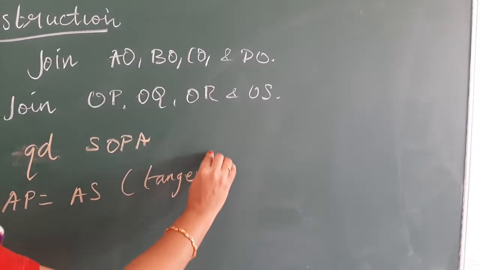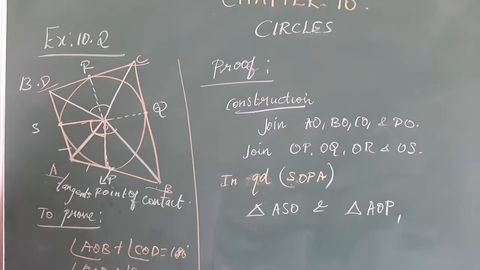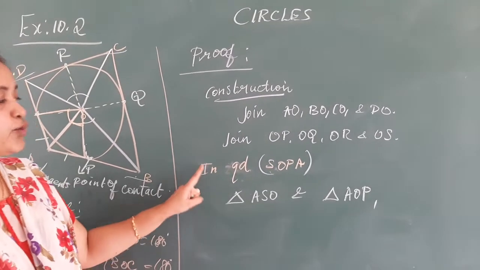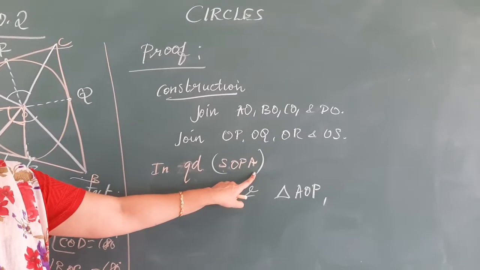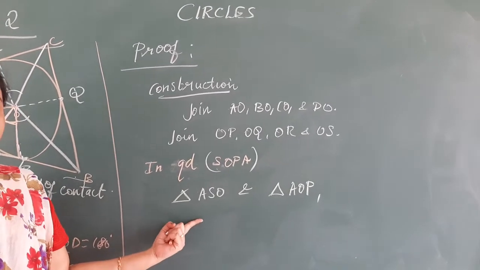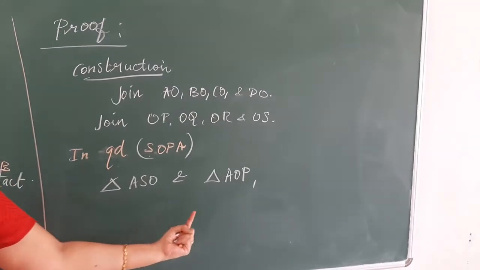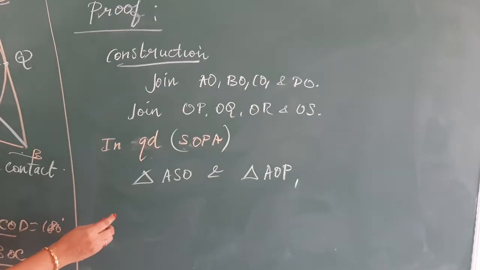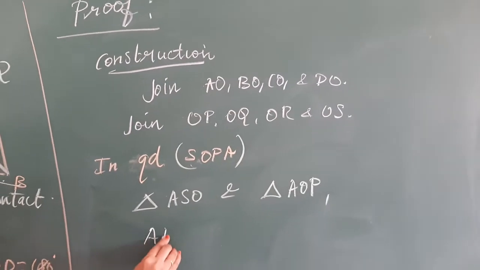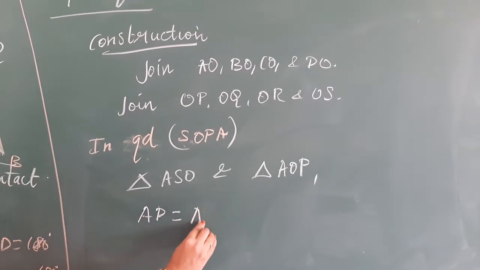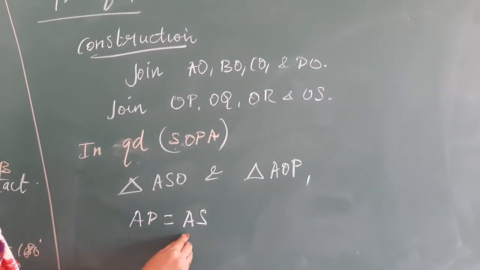Children, in quadrilateral SOPA, we are going to compare two triangles, triangle ASO and triangle AOP. Now in these two triangles, this side AP is equal to this side AS. How are these two sides equal?